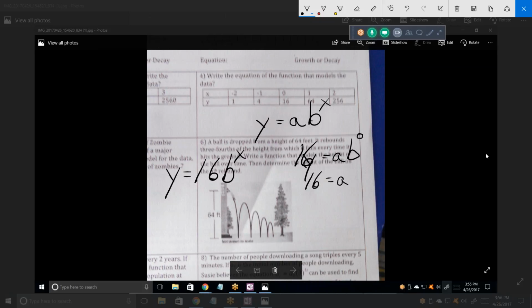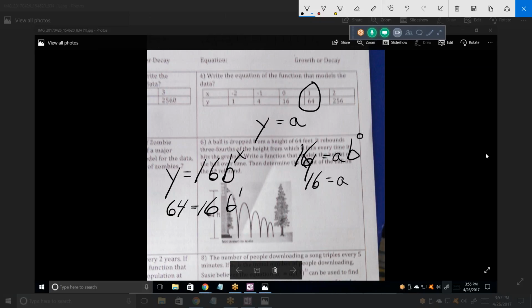Let's pick another value for x that they've given us. When x is 1, y is 64. So 64 equals 16 times b to the 1 power.